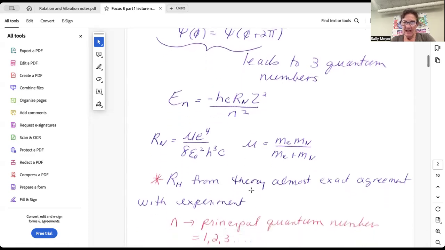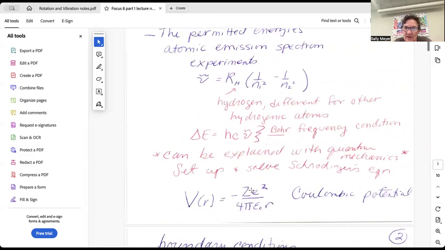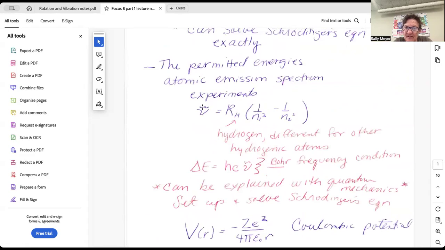At this time, Schrodinger was actually the one who solved this problem and came up with this energy. And it was very exciting because the RH from theory almost exactly agreed with the RH from experiment. So up here, remember, this was fit to the experimental spectrum, and they got an RH value.